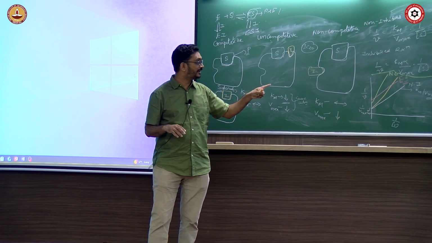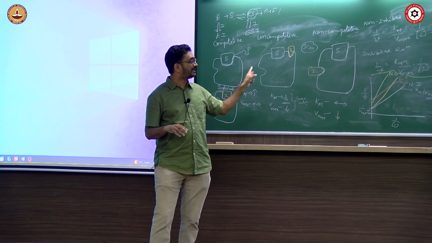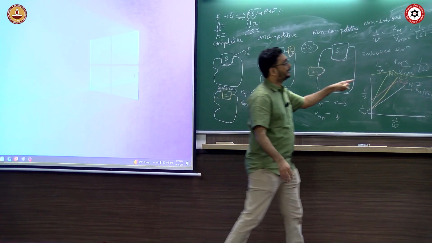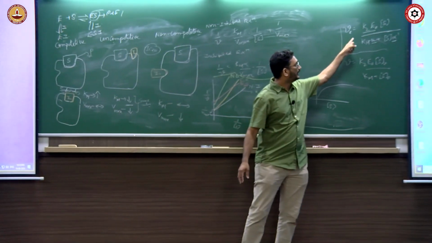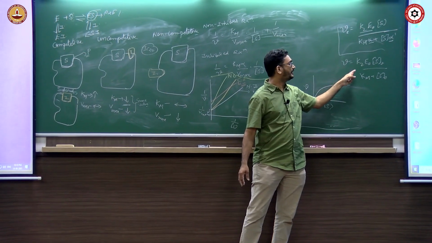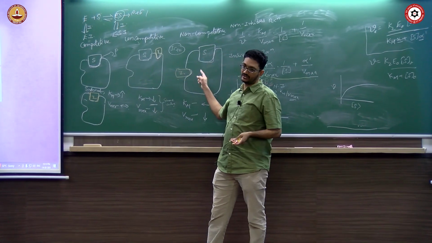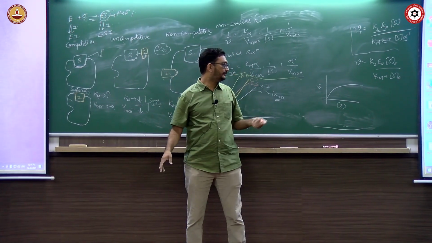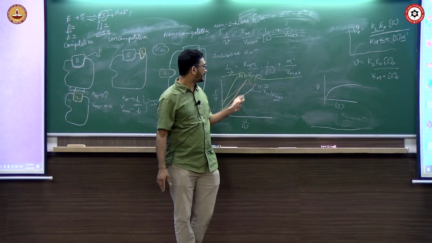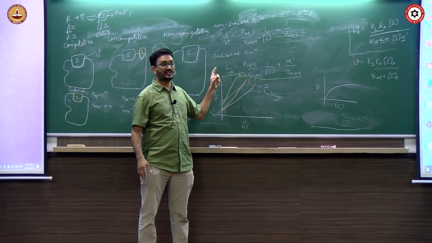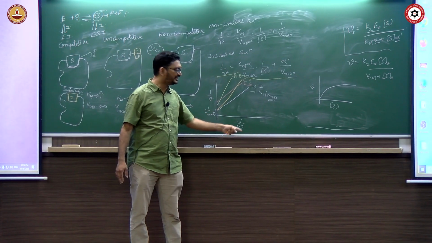And what we did today is to mathematically derive how the Michaelis-Menten kinetics of enzyme inhibition is different from non-inhibition, and what the different modes of inhibition are, and if you convert these different modes of inhibition to a Lineweaver-Burk plot, how it varies. This is a very easy experiment to do.